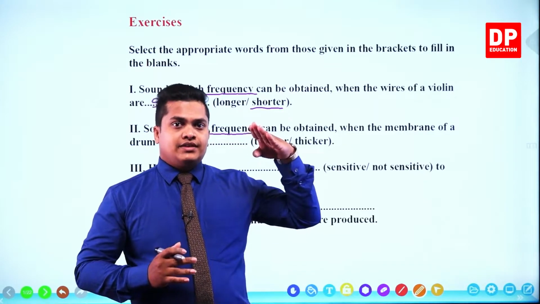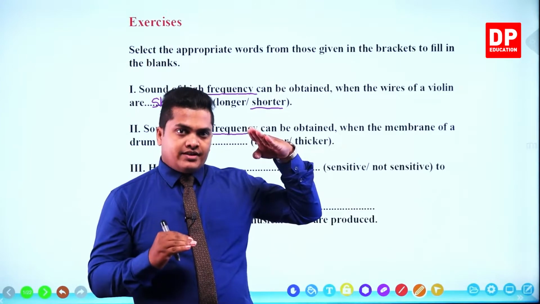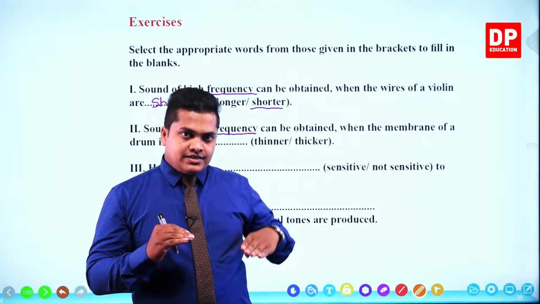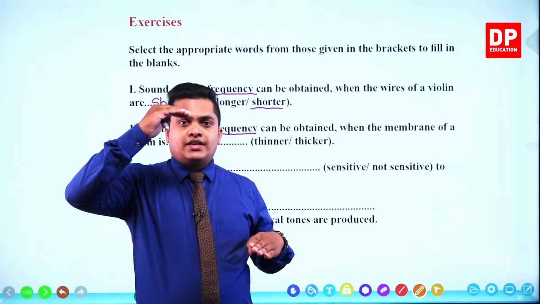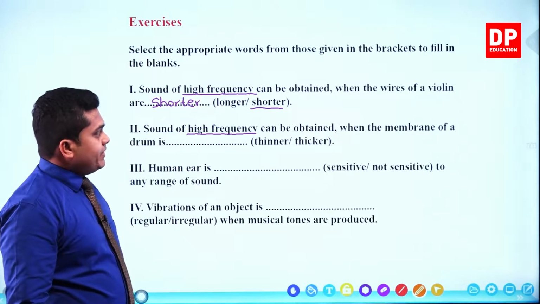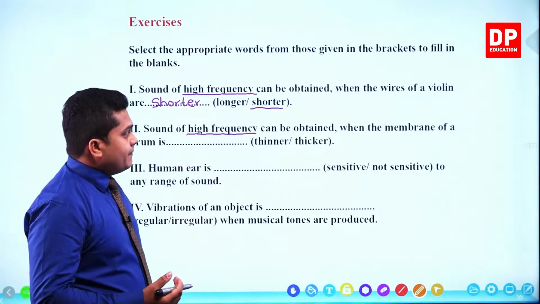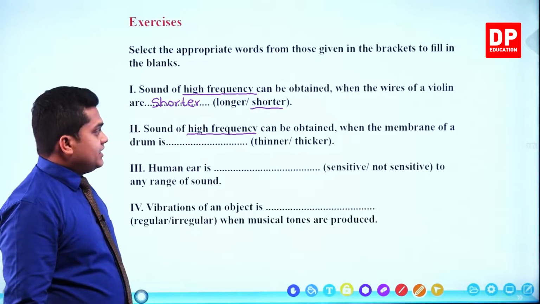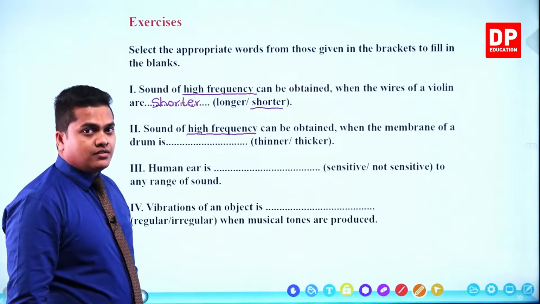When the thickness increases, frequency reduces. When the thickness decreases, frequency increases. So sound of high frequency can be obtained when the membrane of a drum is thin.